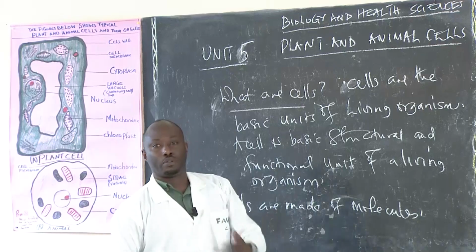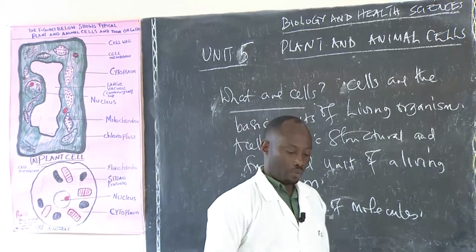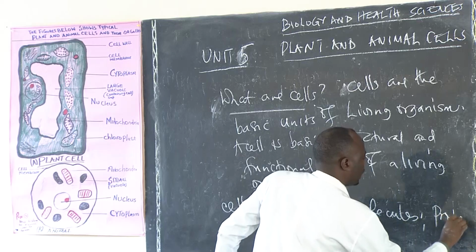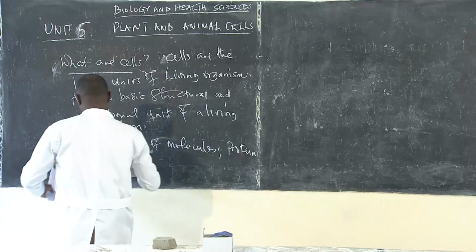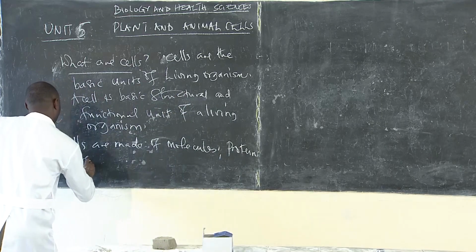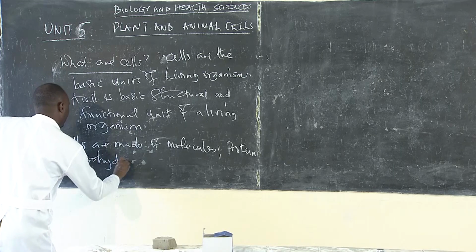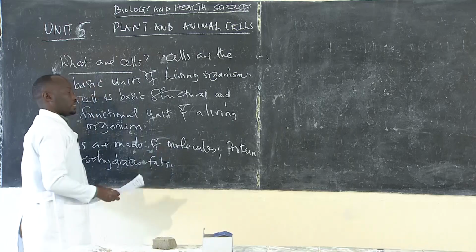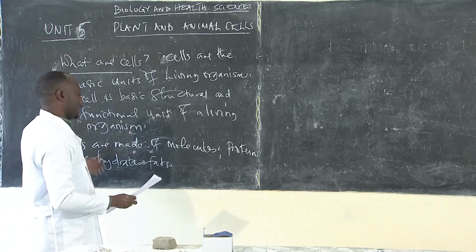Who can give me an example of the molecules that make up the cell? We have proteins, carbohydrates, and fats. These are the molecules that make up a cell.